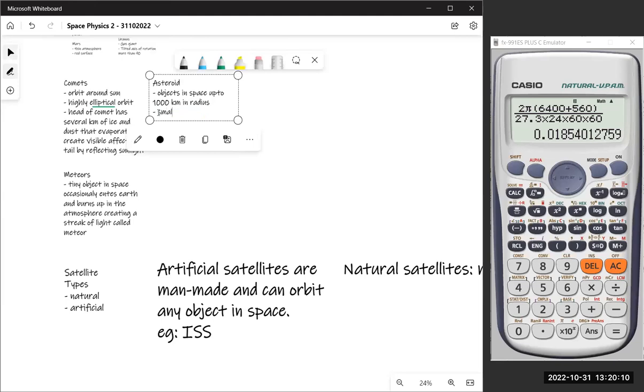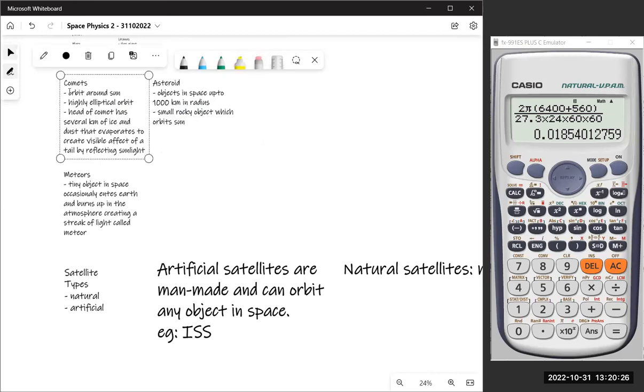Small rocky object which orbits the sun. And in comets, add one line.